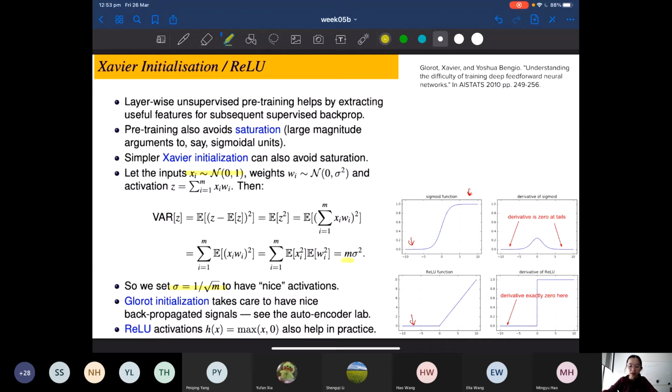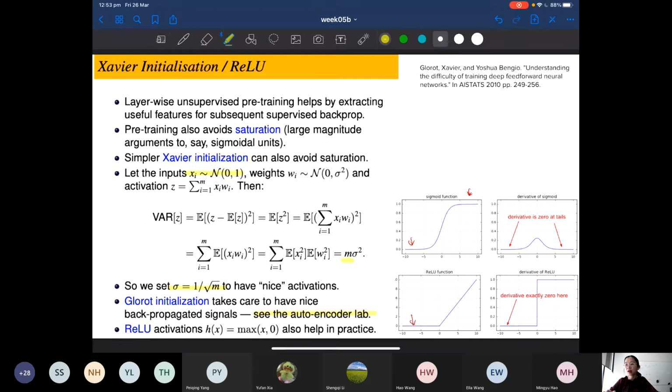Then it takes care of having nice back propagated signals, at least at initialization. You get to practice this in the lab. So have fun.